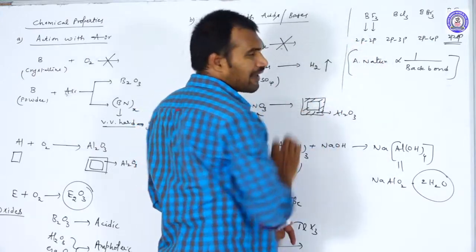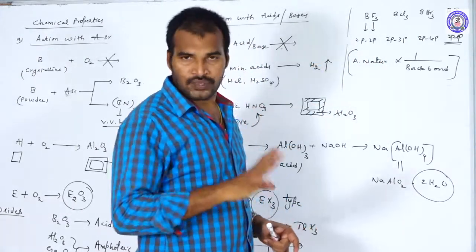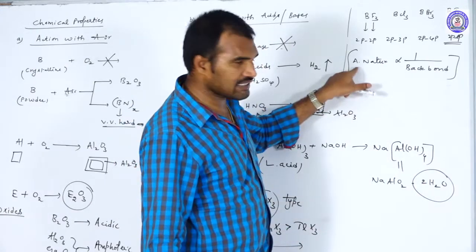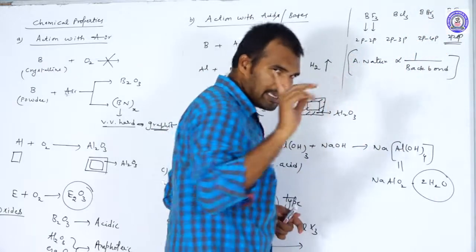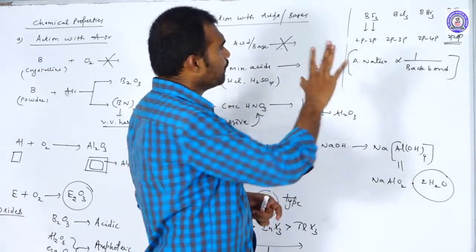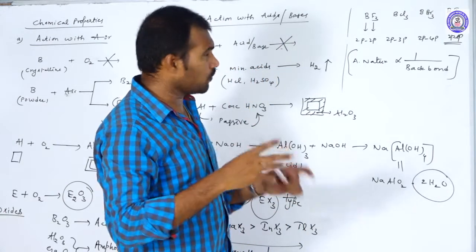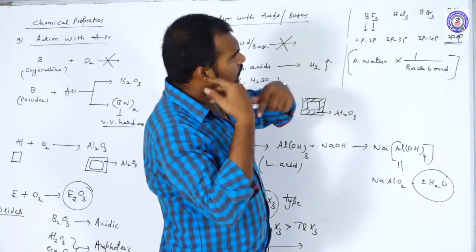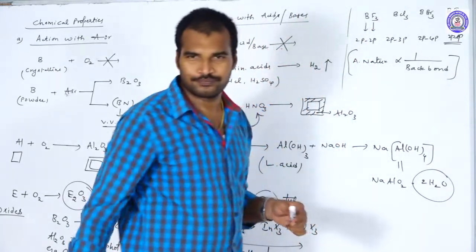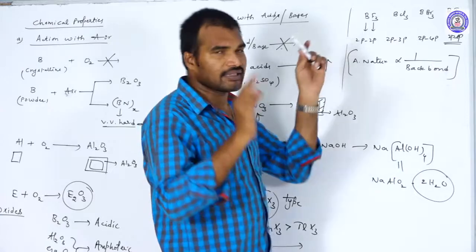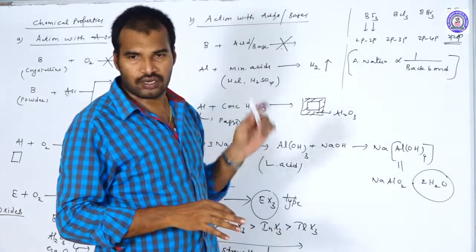Because of strong overlapping, there is more back bonding in BF3, so its acidic strength is less. That is why BI3 is more acidic than BBr3, then BCl3, then BF3. Usually people make mistakes here. Whenever asked which among the following is more acidic, first they go to the option BF3. But in fact, when you compare the halides of boron, BI3 is more acidic than all the remaining halides.